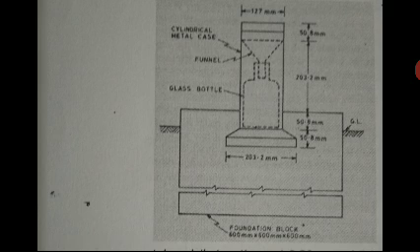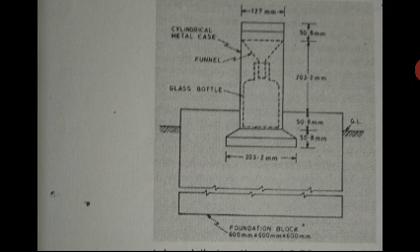At the top of the case, a funnel is fixed which is provided with a brass rim measuring exactly 127 mm inside diameter. The funnel shank is inserted in a glass bottle placed inside the case.